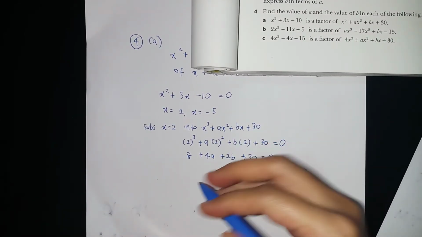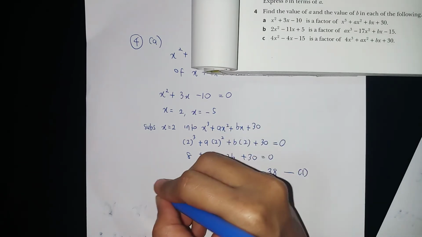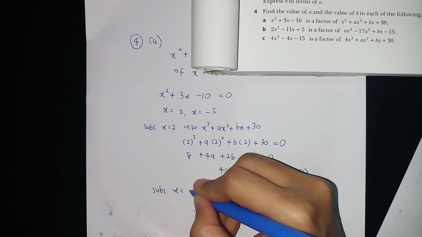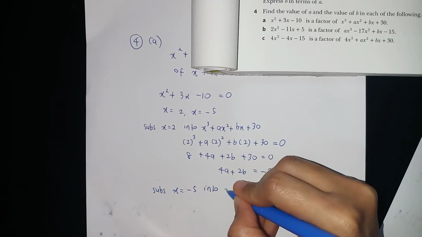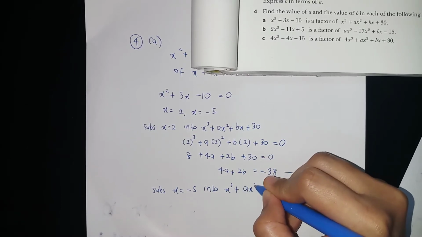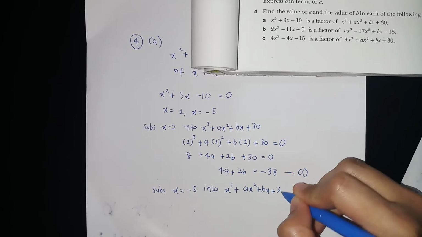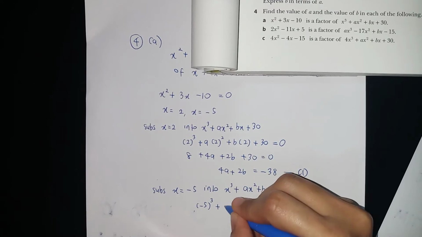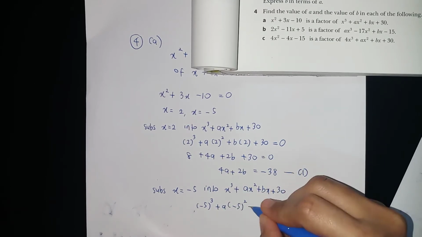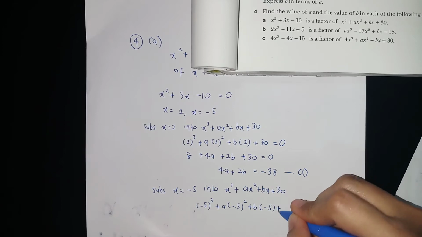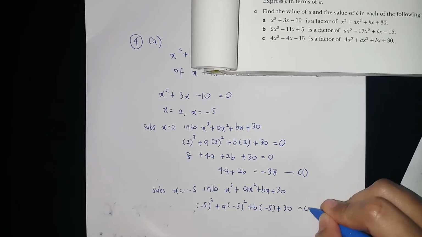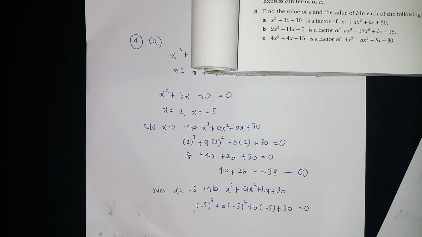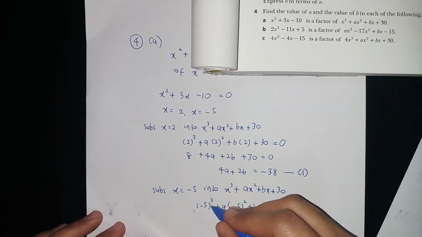Now the second one, we have another value of the factor, so you substitute x equals to negative 5 into x cubed plus ax squared plus bx plus 30. You will get negative 5 cubed plus a times negative 5 squared plus b times negative 5 plus 30 should get equals to 0. Why is it equals to 0? Because the factor theorem states that if that is a factor, substituting into the polynomial must get equals to 0. So you calculate that.